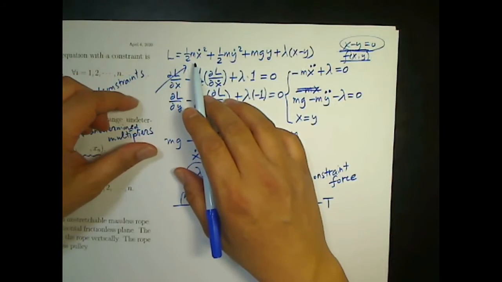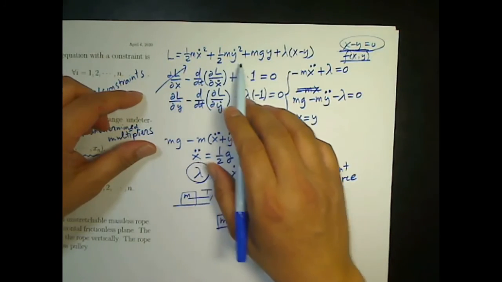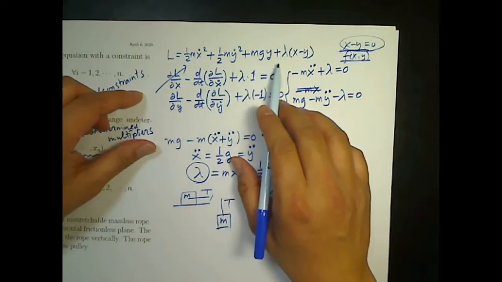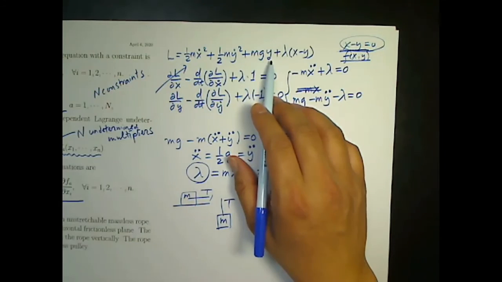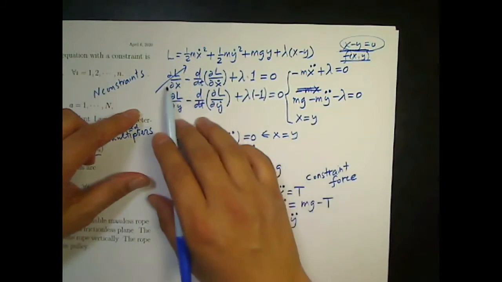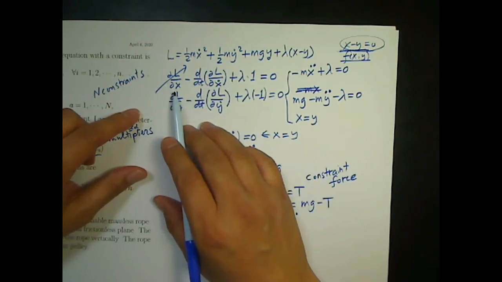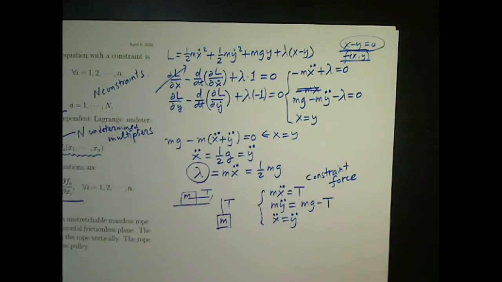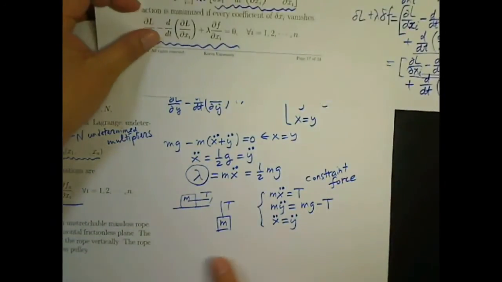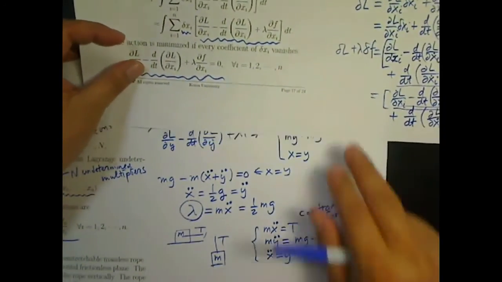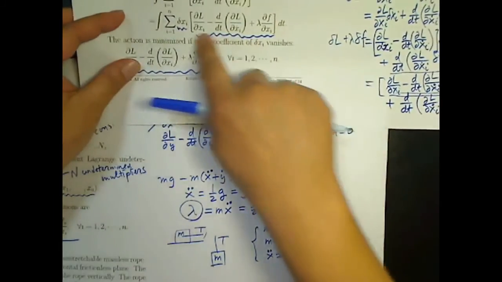Alright, then this is the kinetic energy, and minus potential energy is like that. The modified Lagrangian can be used to find the Euler-Lagrange equation. This was the modified Lagrange equation.